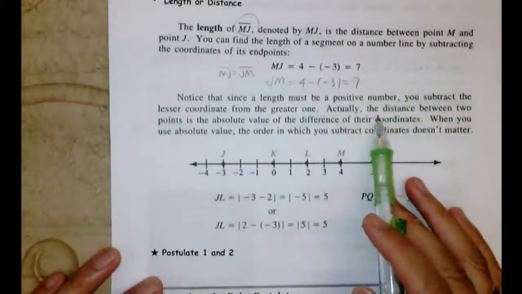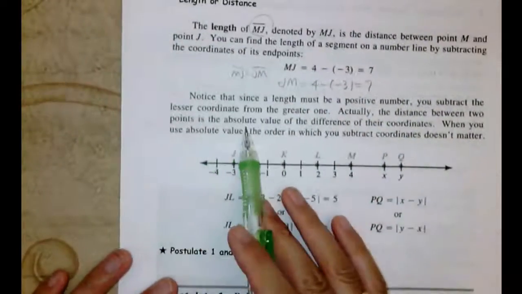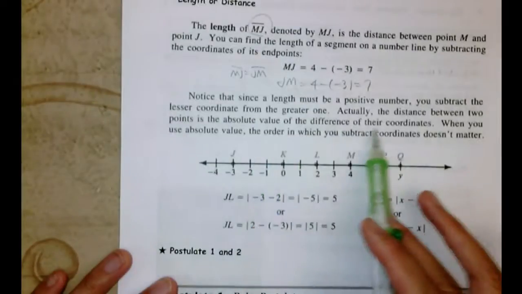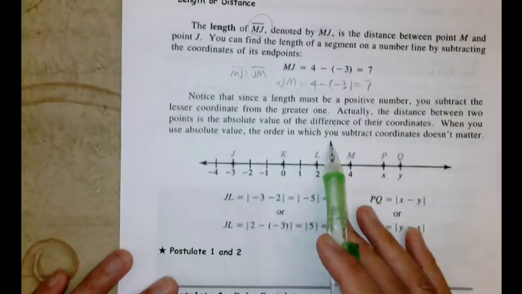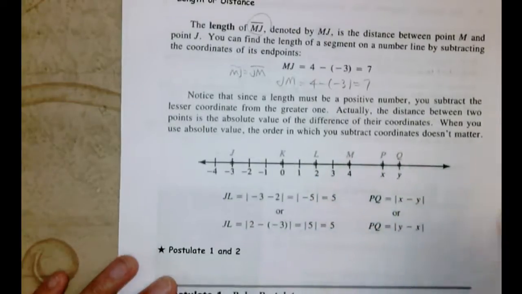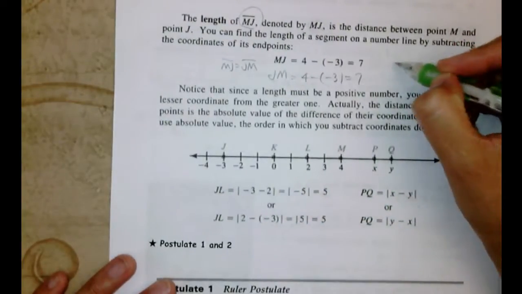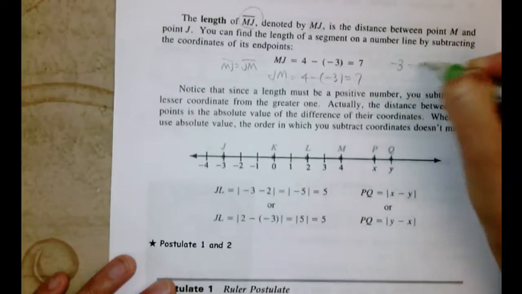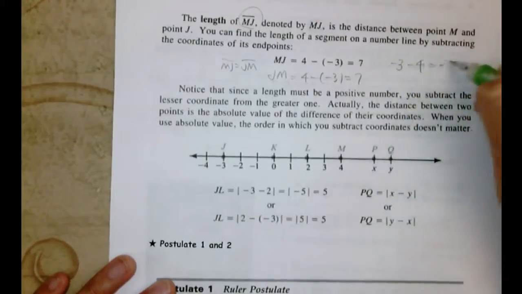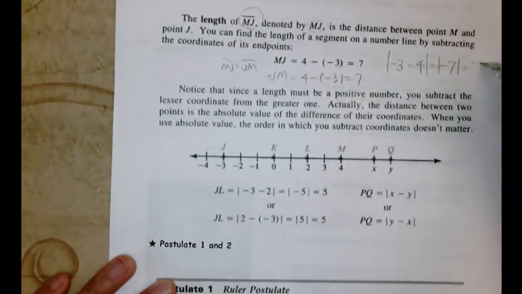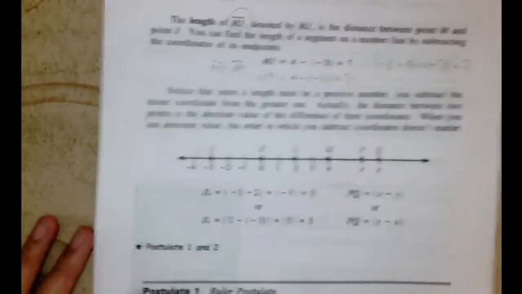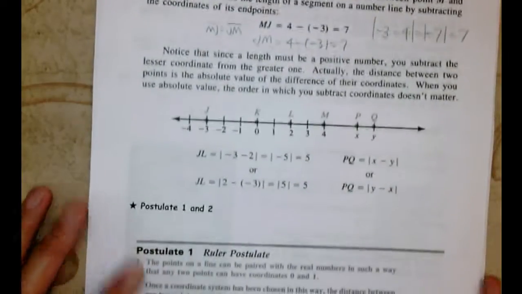However, actually the distance between the 2 points is the absolute value of the difference of their coordinates. When you use the absolute value, the order in which you subtract the coordinates doesn't matter. So if we do minus 3 minus 4 equals minus 7, but we put this in absolute value, this is 7. So if you use absolute value, the order doesn't matter.